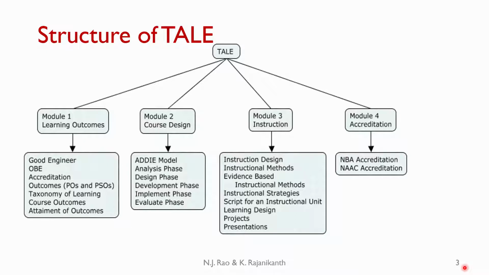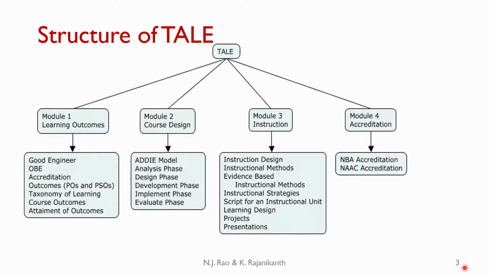And this course design is presented in the framework of ADDIE, which we will elaborate in later units of this module 2. Module 3 will look at mainly instruction. How should you plan your instruction? Planning instruction means planning and sequencing learning experiences of the students. We will talk about the related theory and how it can be presented.